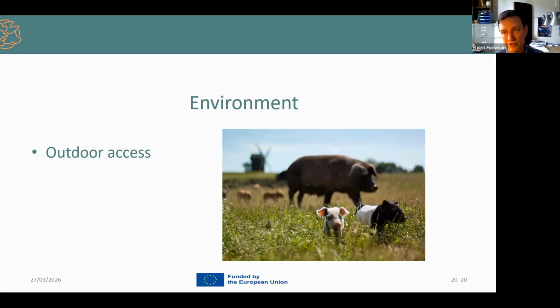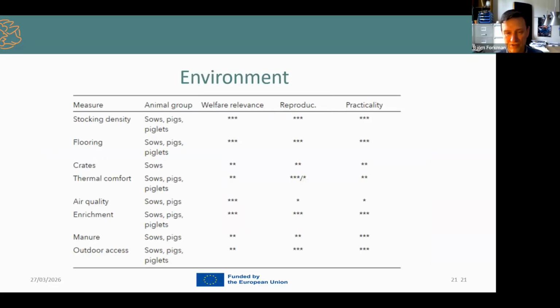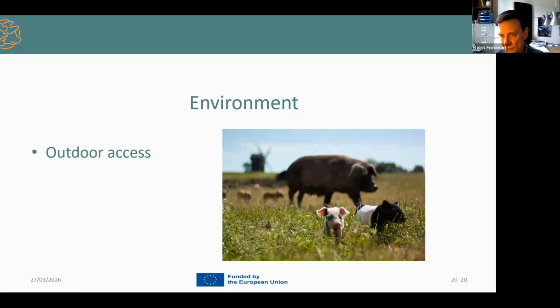Outdoor access has quite a lot of welfare problems, but does have the advantage that it of course gives the animals possibility to perform many more natural behaviors.